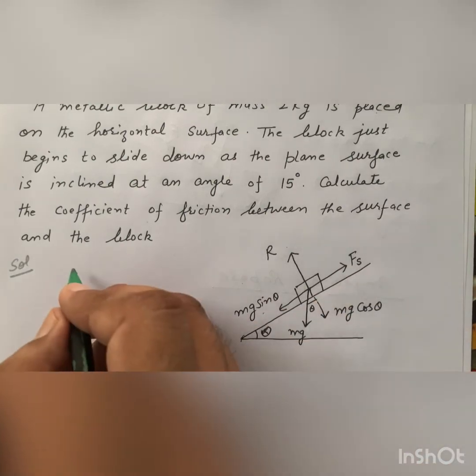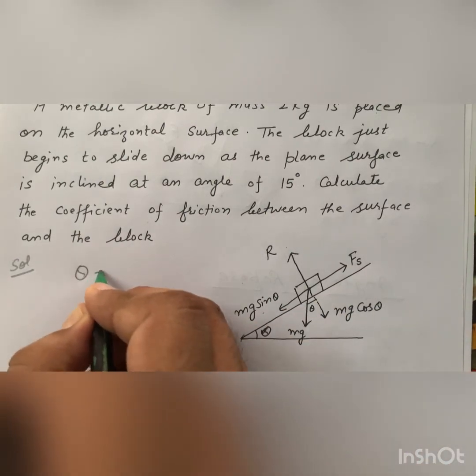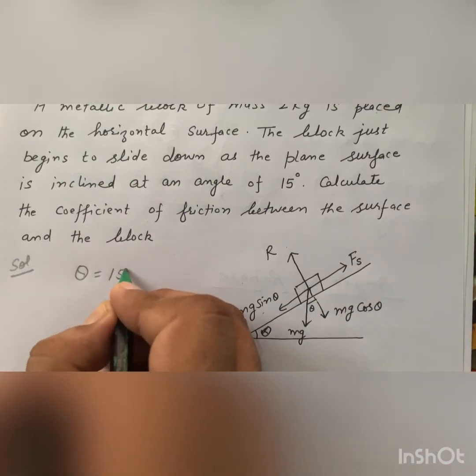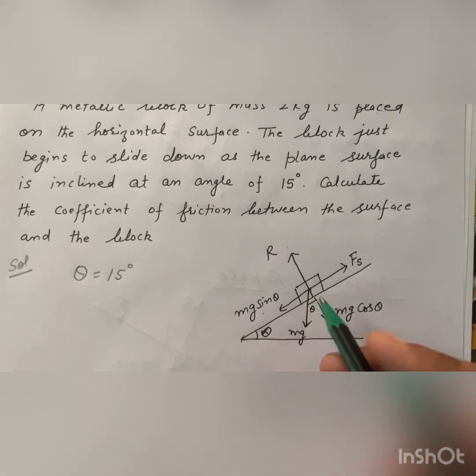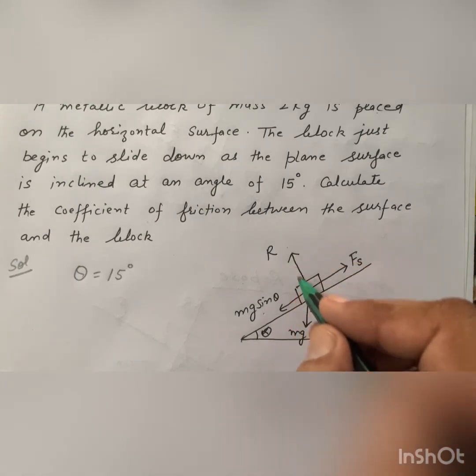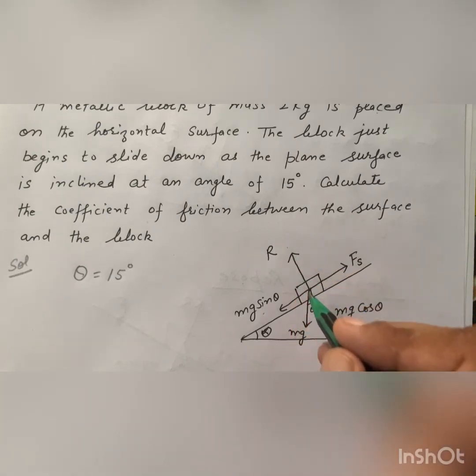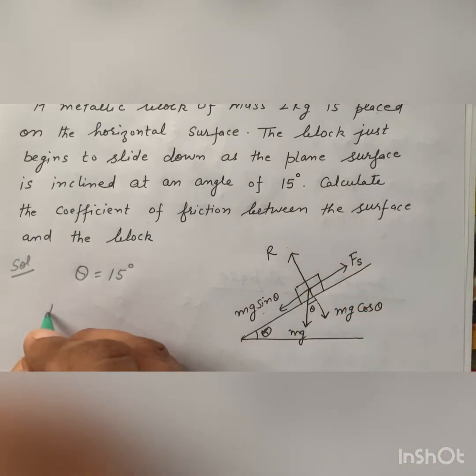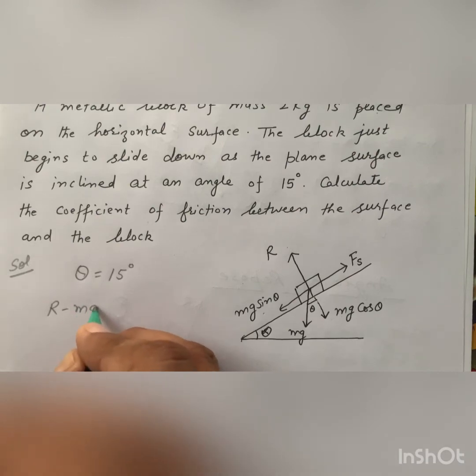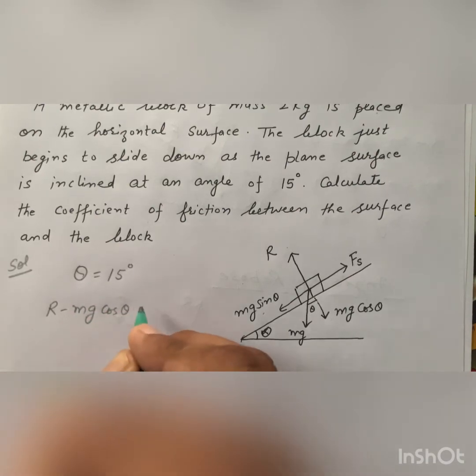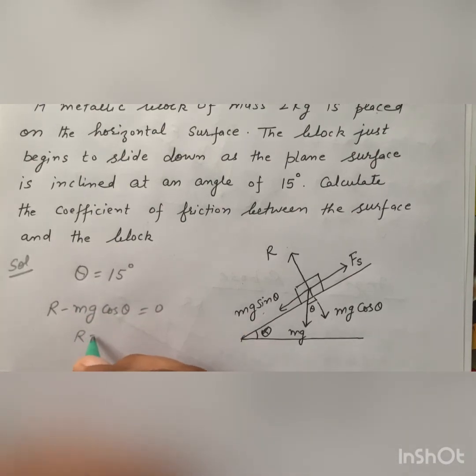Here the angle of repose is given, that is 15 degrees. This is the angle of repose as the body is just on the verge of motion. Now we know that there is no motion along this direction, so net force acting along this direction is 0. So we have R minus mg cos theta equal to 0, or R equal to mg cos theta.